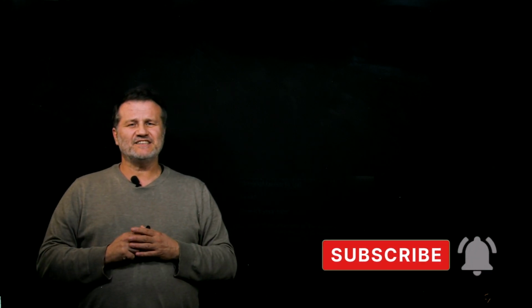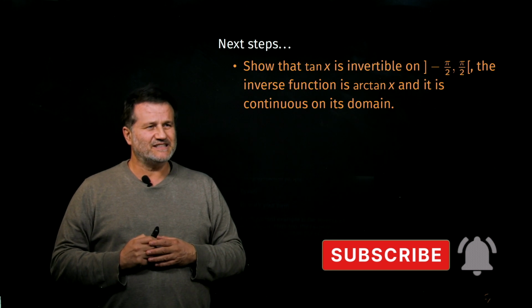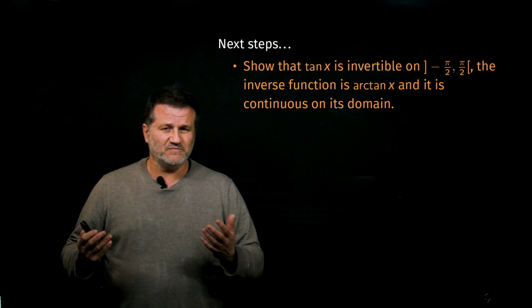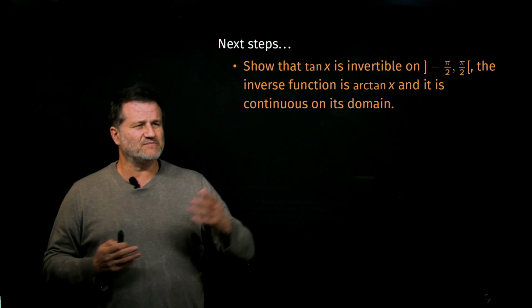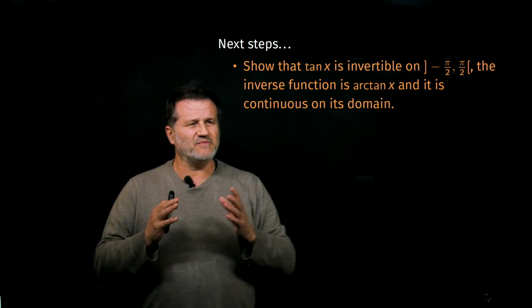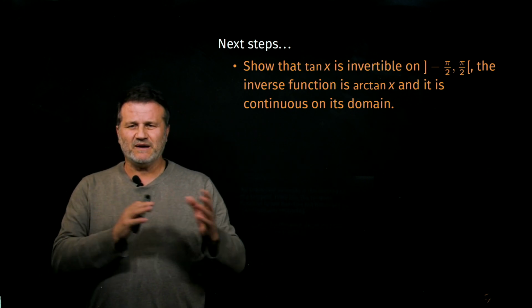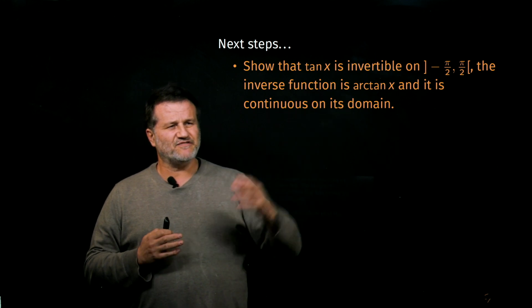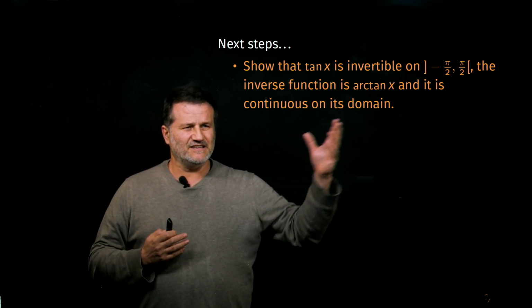An important example is the inverse function of the tangent, which is, again, a function not bijective, but that becomes bijective when we restrict the domain to the period minus pi half, pi half. In this case, you can show that the inverse function is well defined and it is continuous.